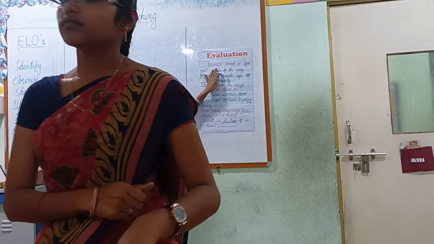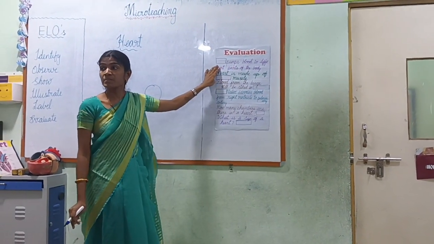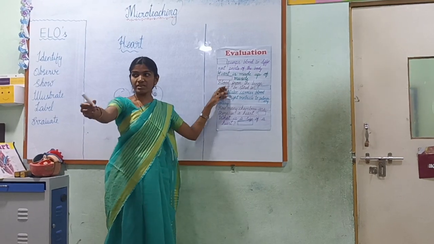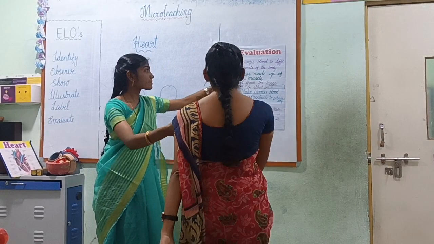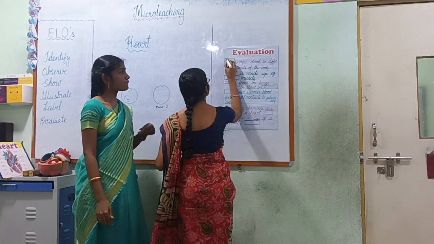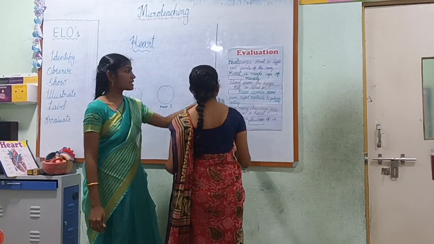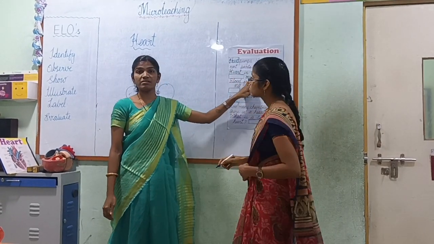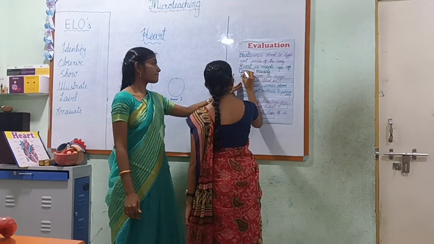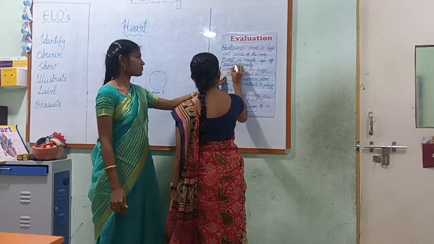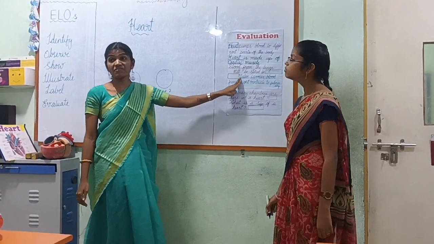See, the dash pumps blood to the different parts of our body. Heart. Next, the heart is made up of dash muscle. Which muscle? Cardiac muscle. Yes, very good. Blood from the lungs will be stored in the left atrium.